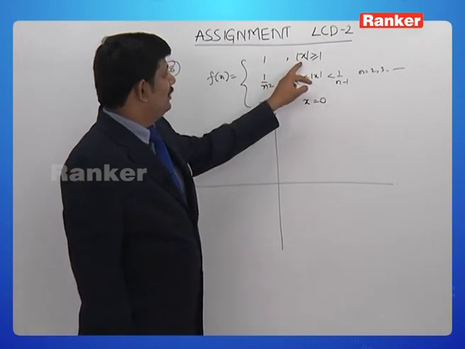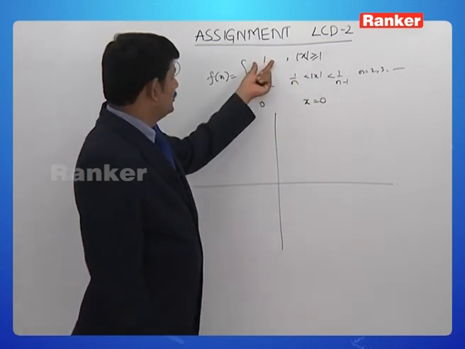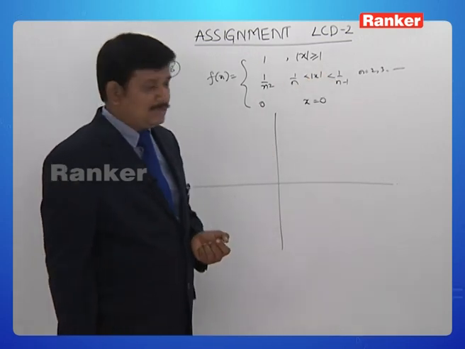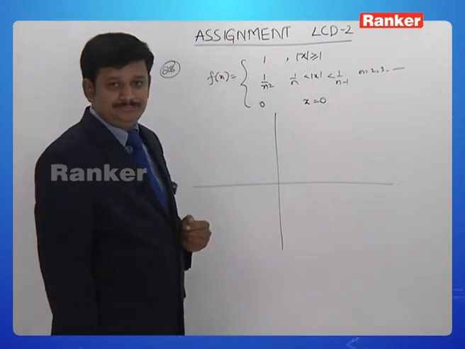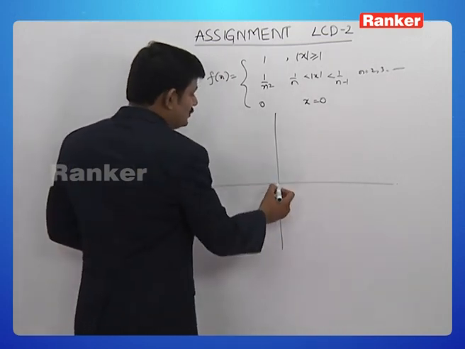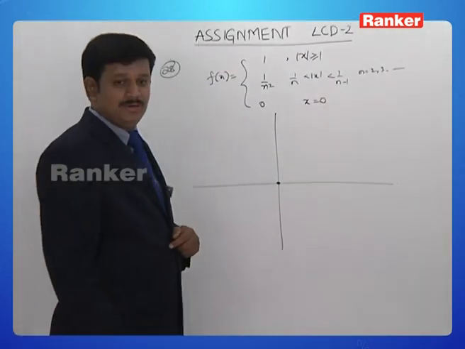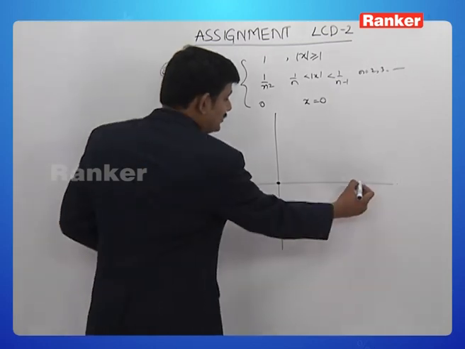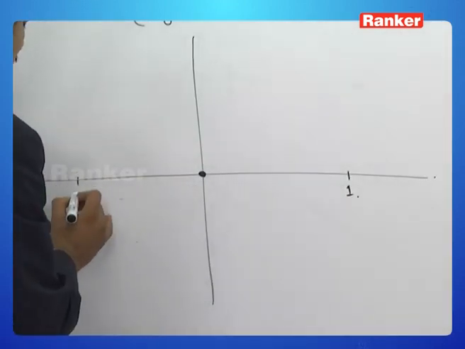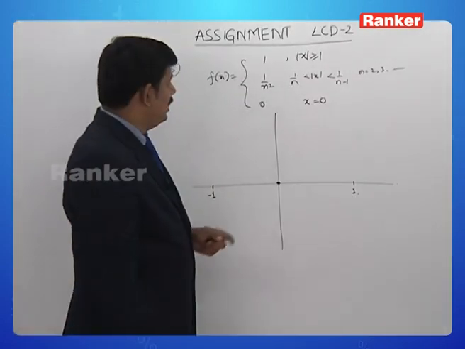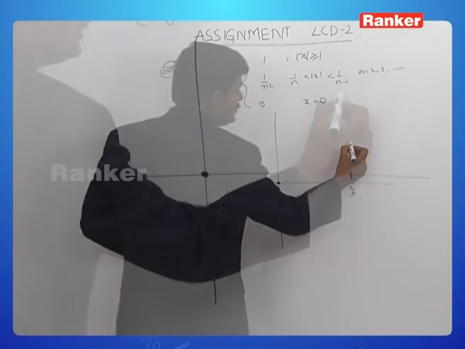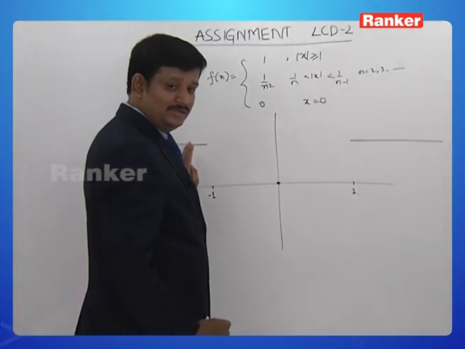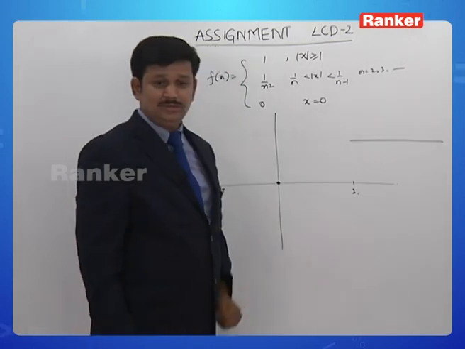F of 0 is given to be 0. Whenever mod x is greater than or equal to 1, that is when x is greater than or equal to 1 or x is less than or equal to minus 1, f of x is defined as 1. So, it is a constant function in the intervals minus infinity to minus 1 and from 1 to infinity.